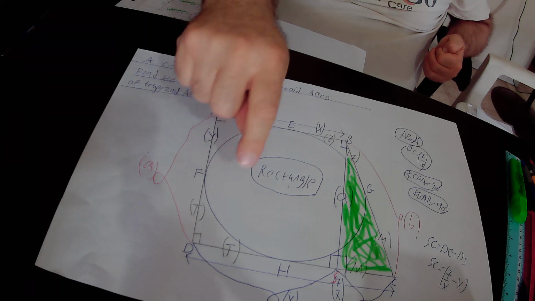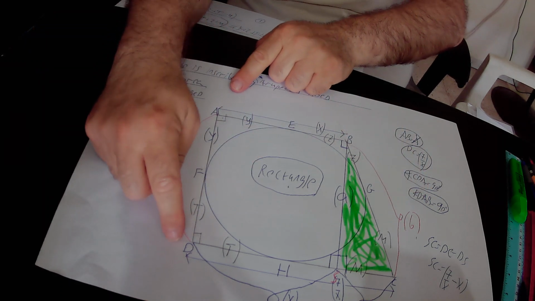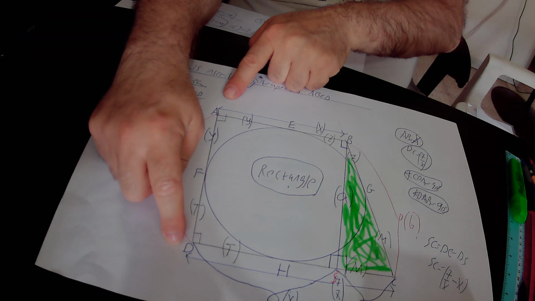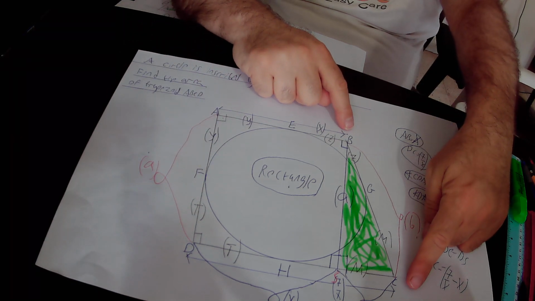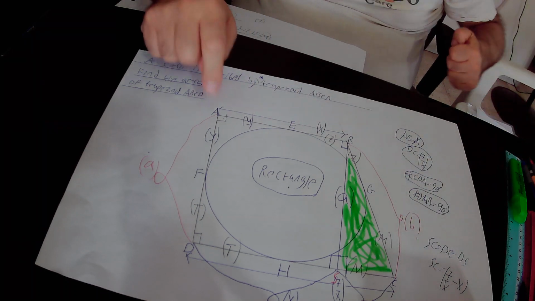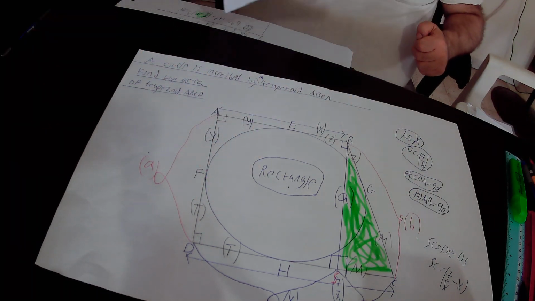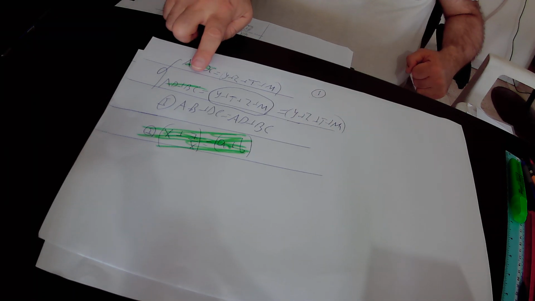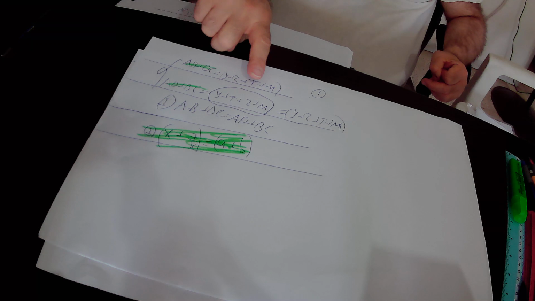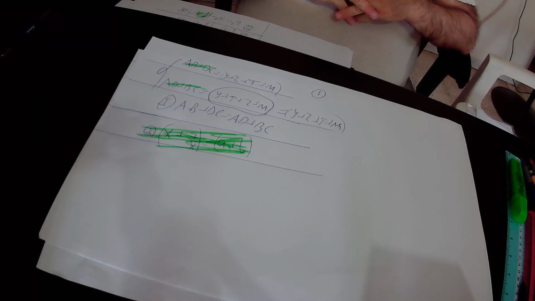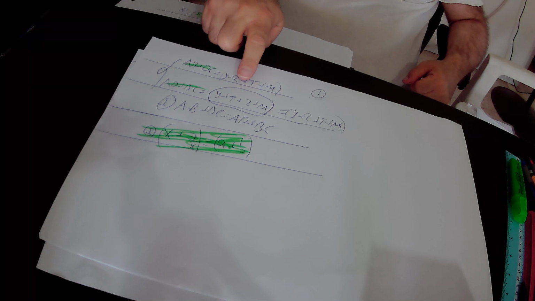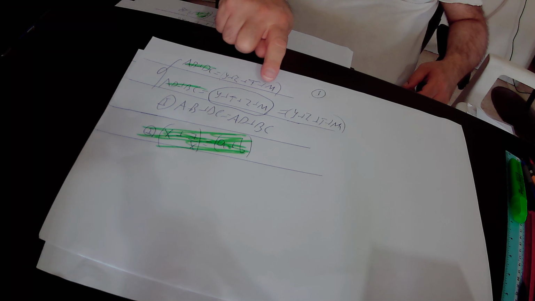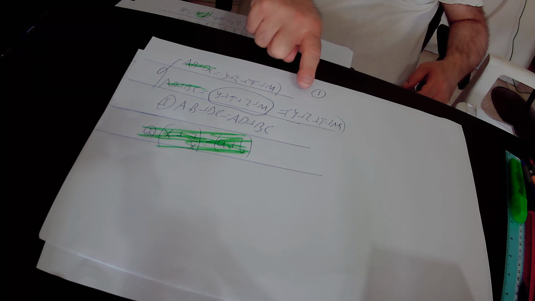AD according to rule 2 equals Y plus T, and BC also according to rule 2 equals Z plus M. So in total, AD plus BC equals Y plus T plus Z plus M. We can change the order of the letters in this expression according to the algebraic identity that A plus B equals B plus A. So instead of Y plus T plus Z plus M, we can write that this expression equals Y plus Z plus T plus M.